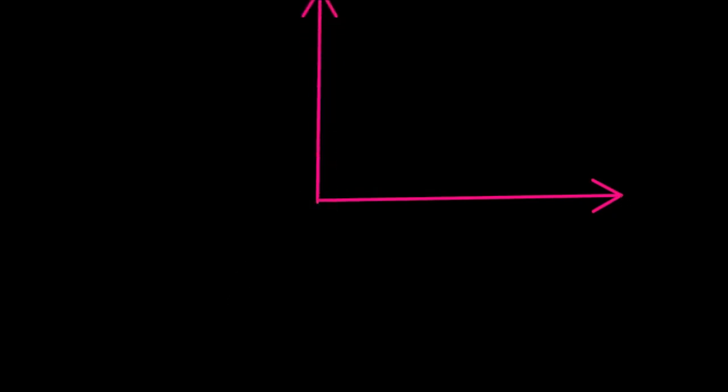So I can draw a coordinate system. Okay, from here, and from here, and from here. So it's a coordinate system.